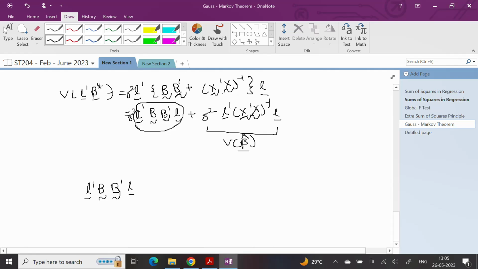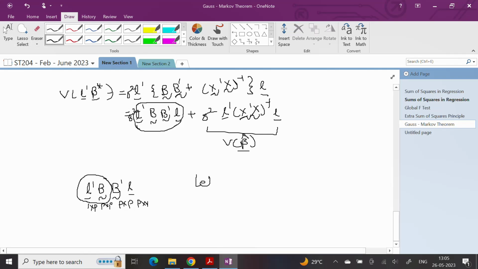What are the orders? Order of B is the same as X prime X. X prime X has order P cross P. Correct? L prime is, sorry, 1 cross P. So this is 1 cross P, P cross P. This is P cross P and P cross 1. So if I consider just this part, B prime L, then it is a vector.